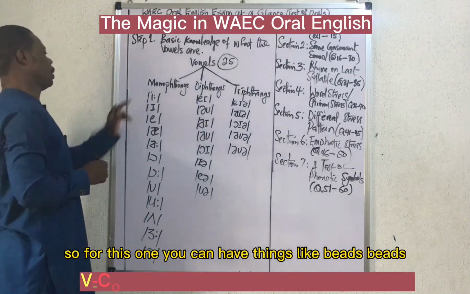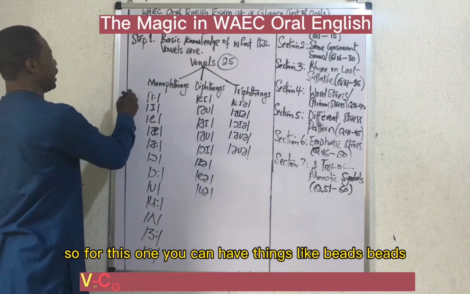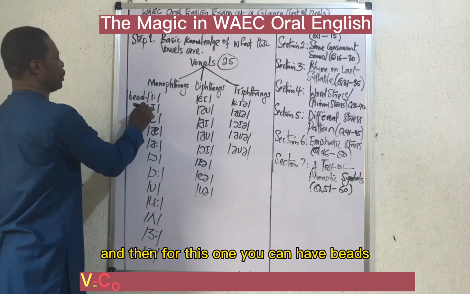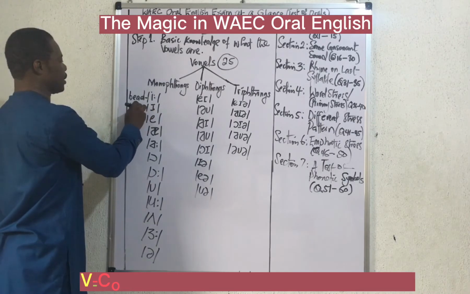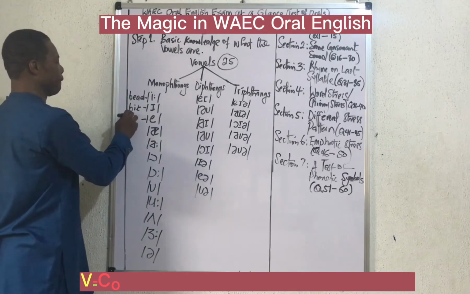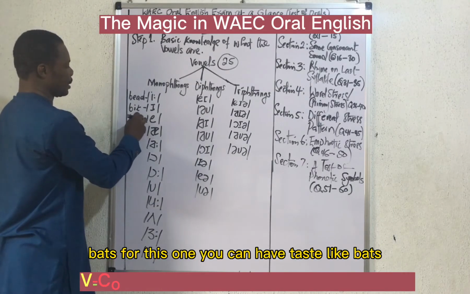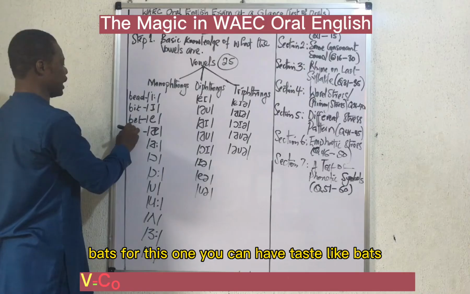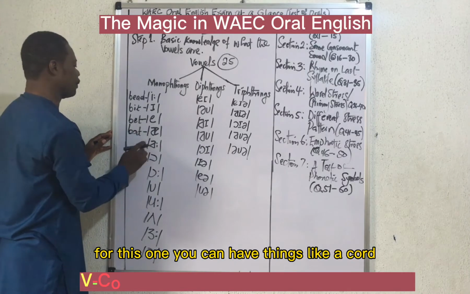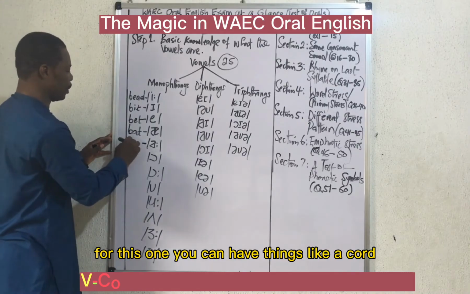So for this one, you can have things like bead, and for this one you can have beats. Then for this one, you can have bets. For this one, you can have bats. For this one, card.